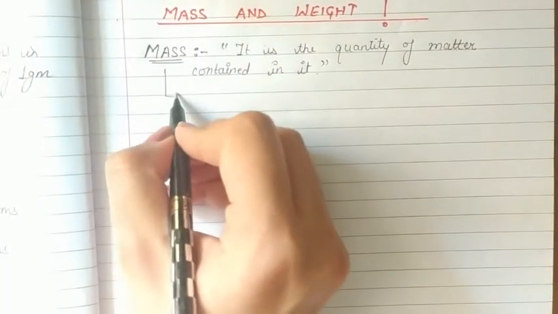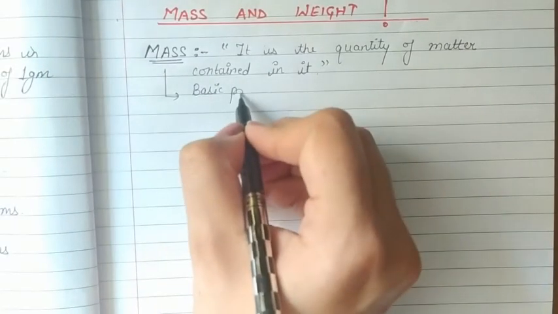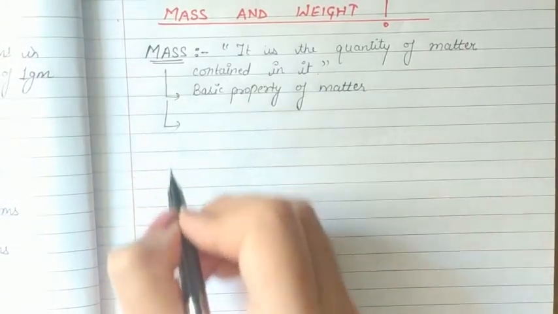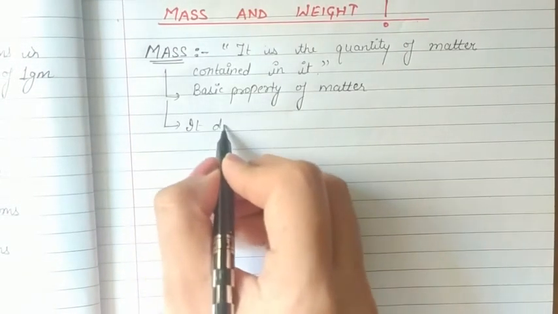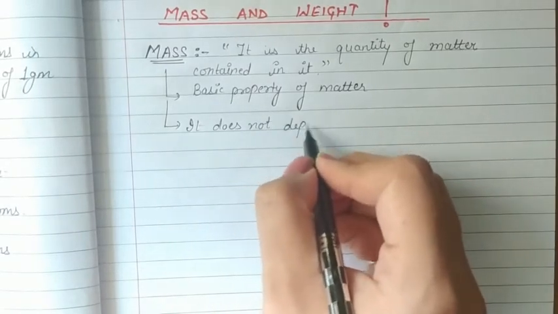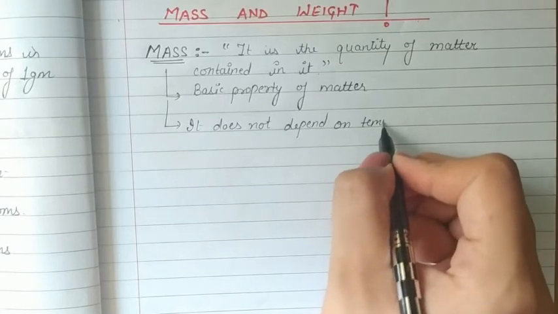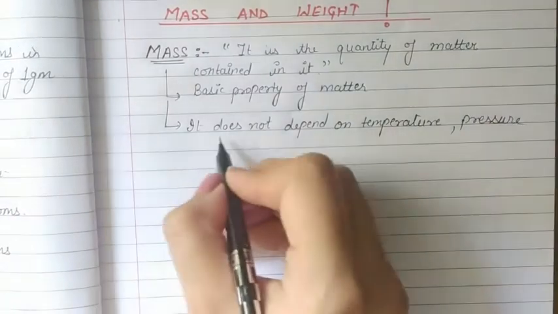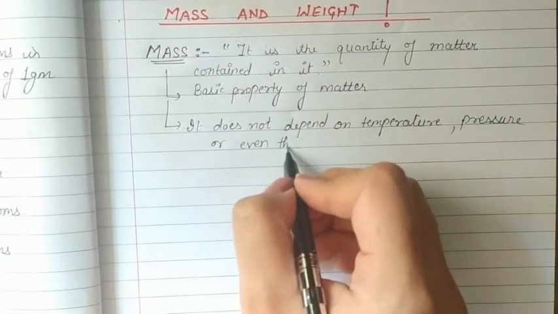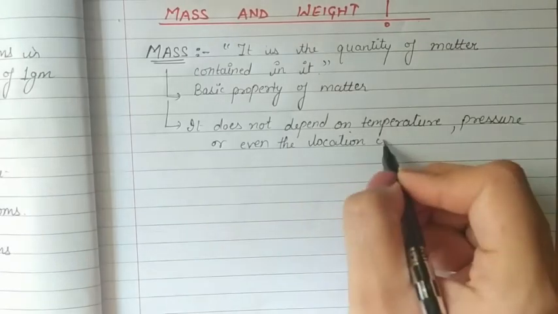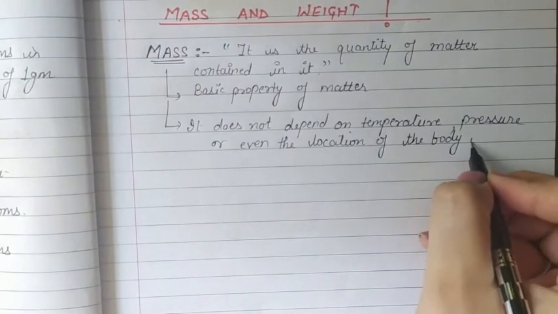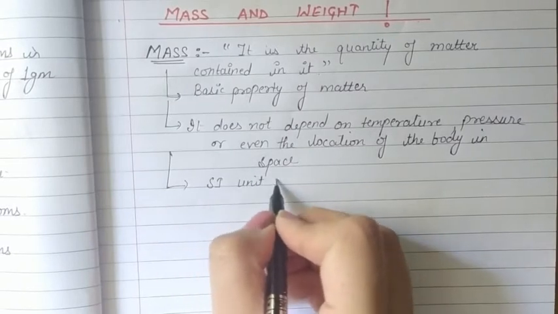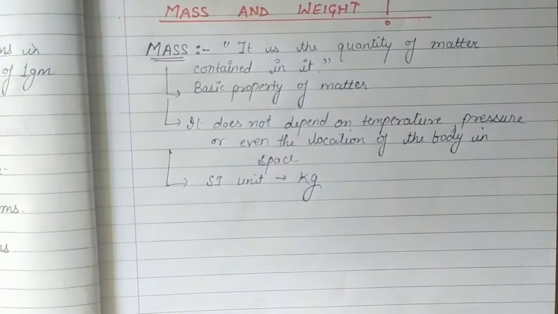We can also say that it is a basic property of matter, and it is independent of physical conditions, meaning it doesn't depend on temperature, pressure, or even the location of the body in space. The SI unit of mass is kilograms.